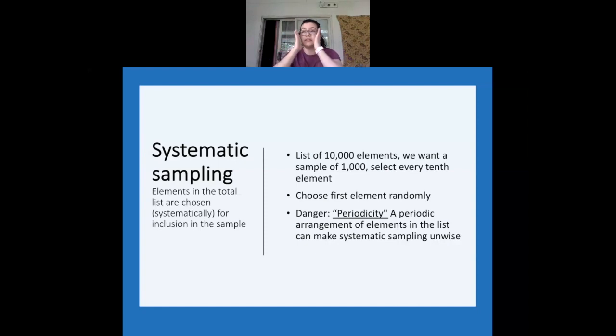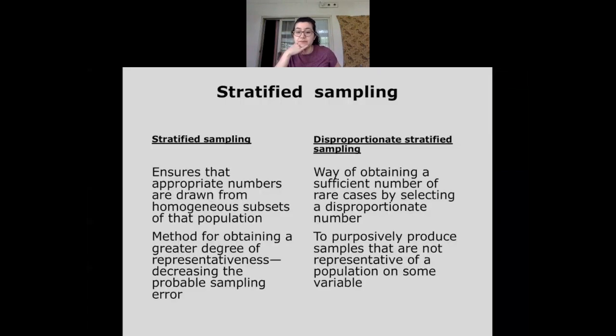So maybe you're looking at a list and it has some type of pattern within the list itself. If you're doing every 10th person to observe, you might be replicating a pattern that already exists in the list. So there's a difficulty with that. And so random sampling's often better than systematic sampling.